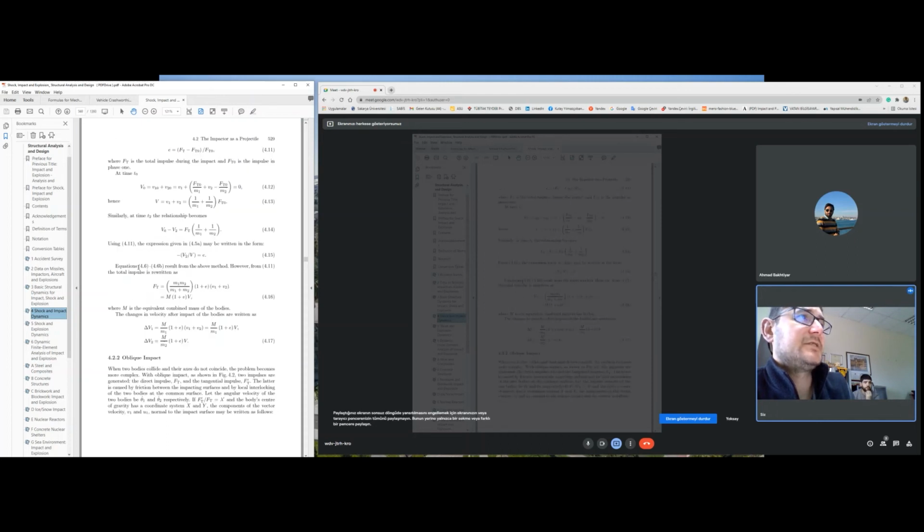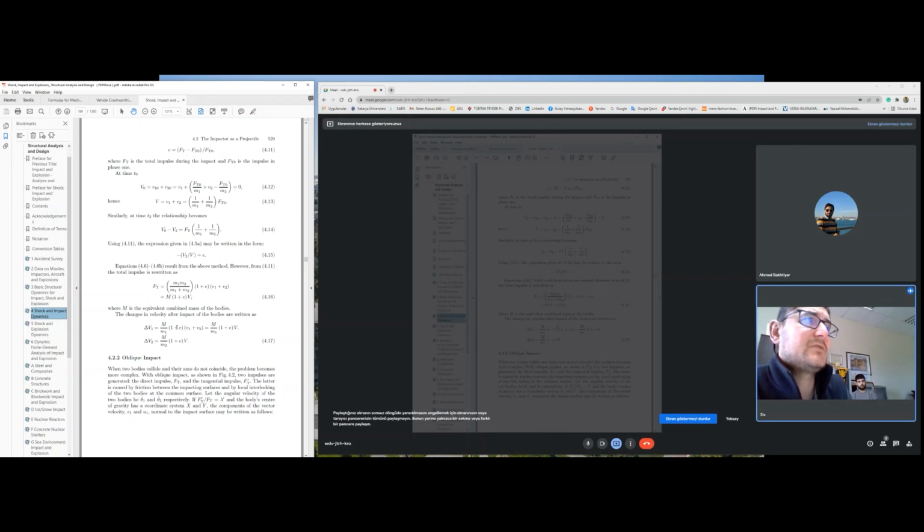So let's continue. Before oblique impact, we can find a kind of equation which is close to something hitting the wall and responding back. It's a kind of that equation, again talking about the impulsive behaviors.